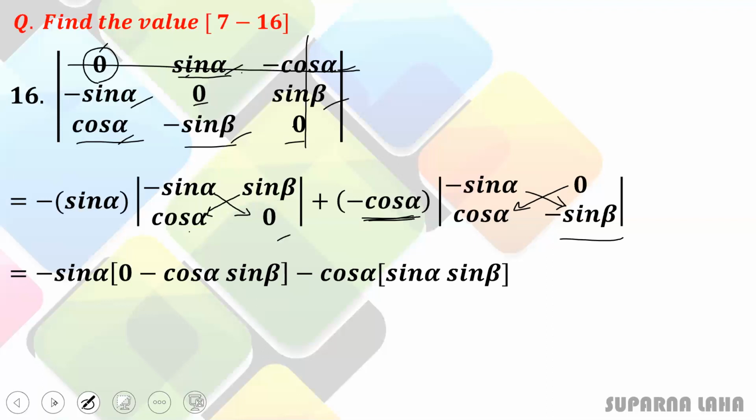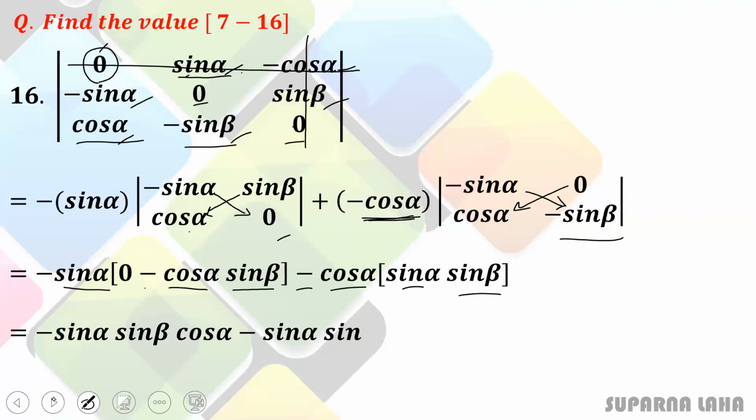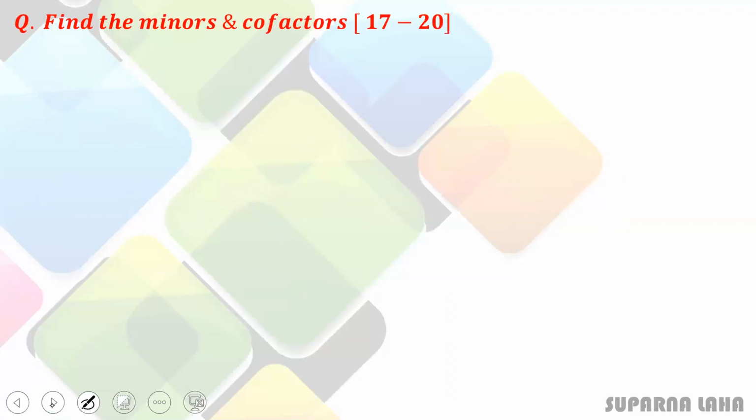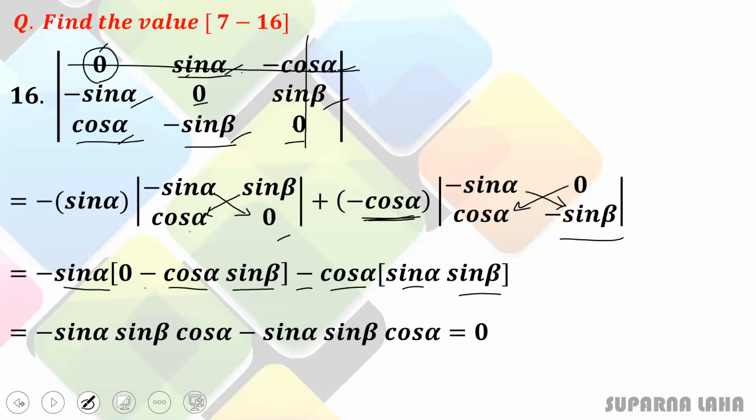Now look at that. Minus minus plus: sine alpha sine beta cos alpha, and here it is minus sine alpha sine beta cos alpha. So they are the same, so that will be 0. Okay, so moving to the next problem.